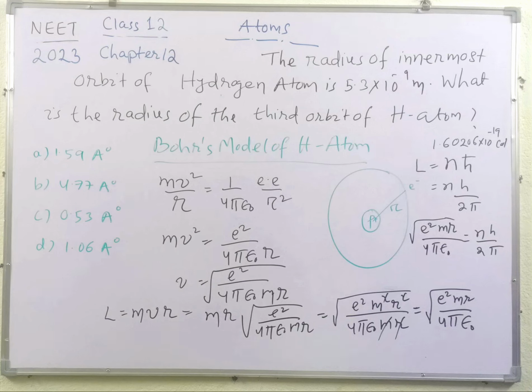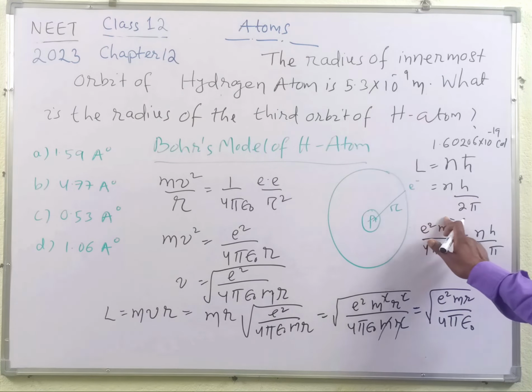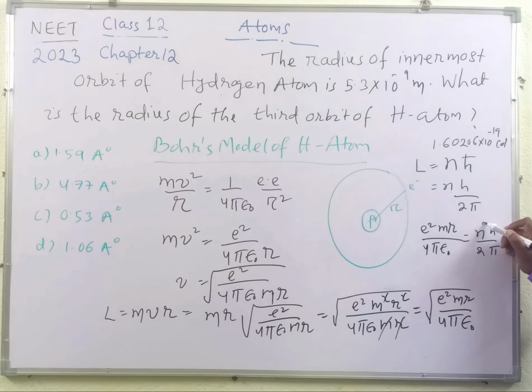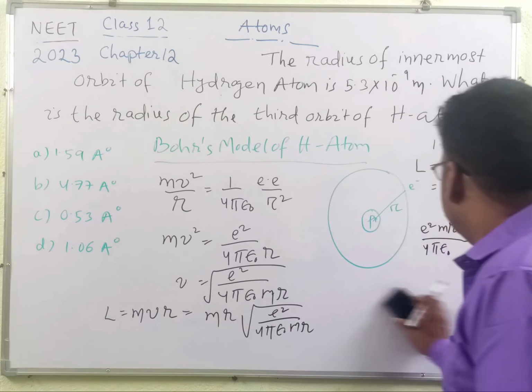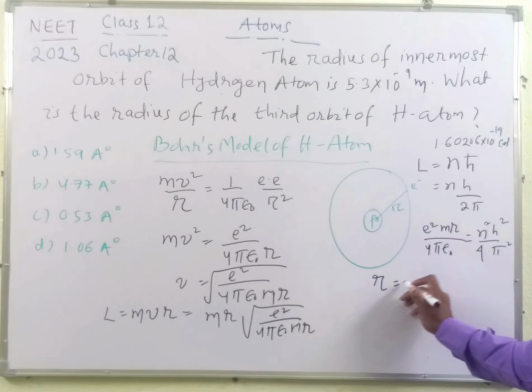If we take the square of both sides, the square root is gone, and this becomes n square h square by 4 pi square. From this we can get the formula for the radius of the hydrogen atom.